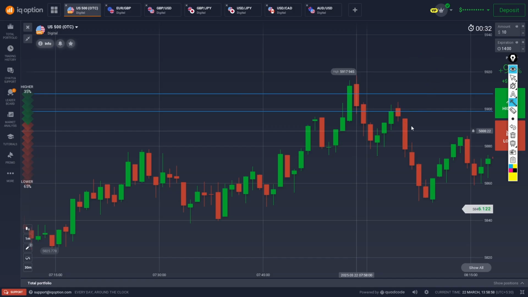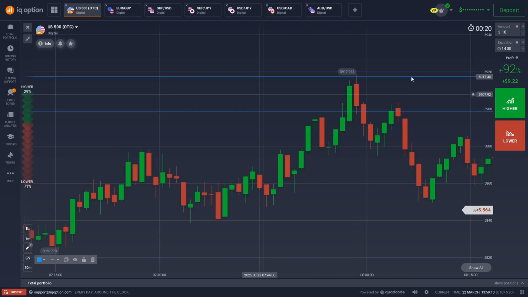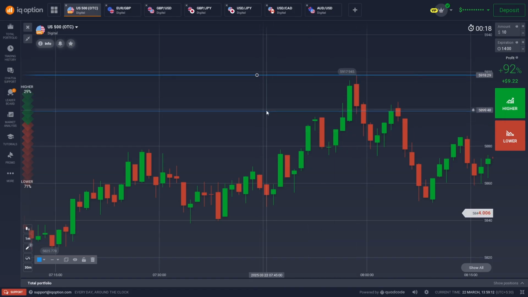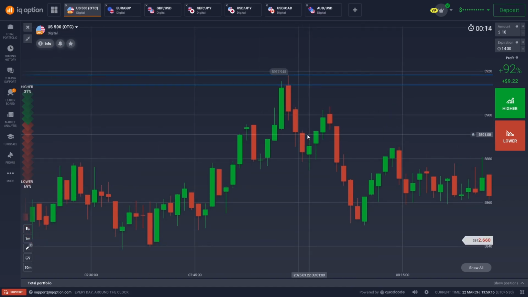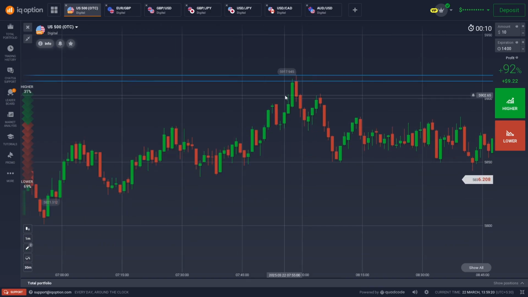That's why updating a zone when it's broken, or when it's been broken halfway, is very important, because once it's broken it means all the unfilled orders have been executed, and you need to update your zone, as the new zone is where the actual new pressure exists and the previous zone is of no use now.